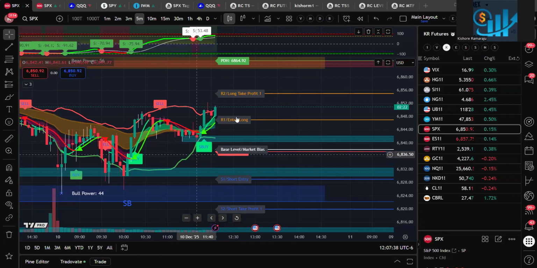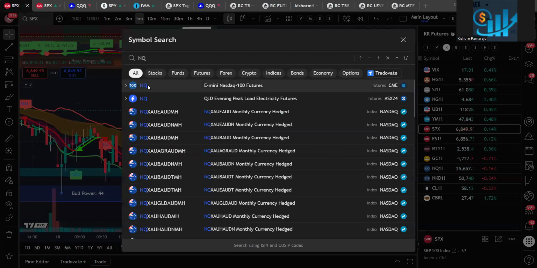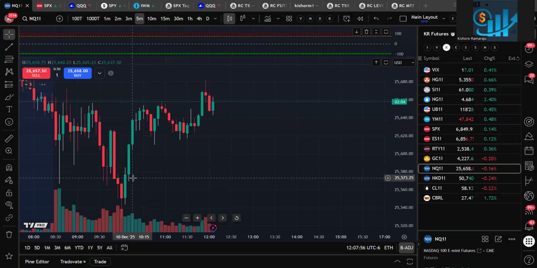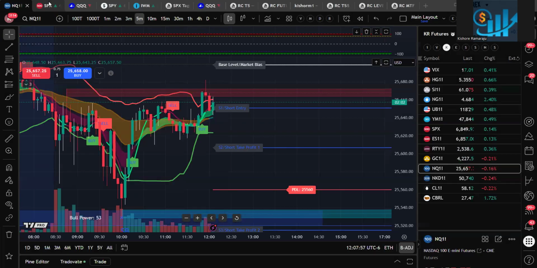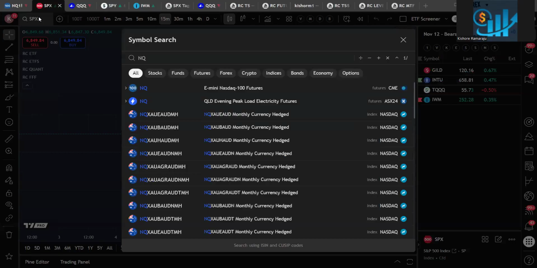10 accounts you can do, you have to use Replicanter. And then what you do is you use two different tabs. For example, you have NQ in tab 1 and then go and select another tab. You have NQ in tab 2.